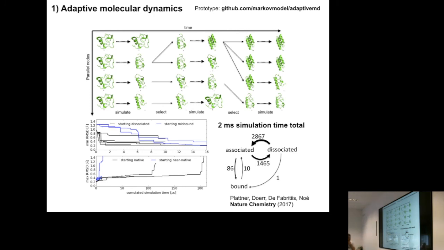And so what we see here is, if we start from the dissociated state with the 2 proteins separated in solvent, and we ask what is the distance to the native complex, then we see that in aggregate simulation time, so that's just the total simulation time spent in all trajectories up to a certain point, many of them somehow get closer and eventually bind to the native state.